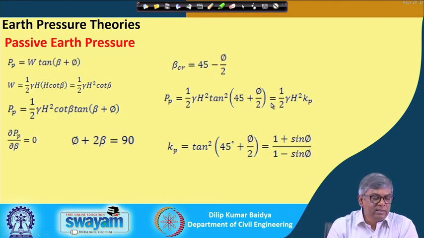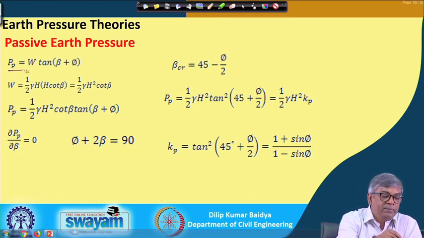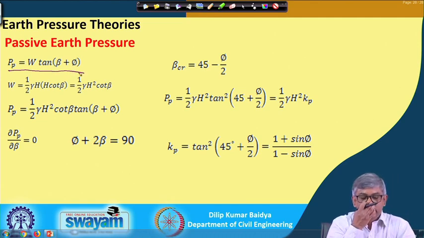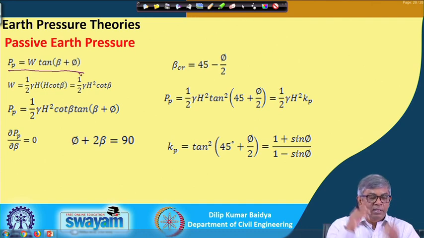This analysis is a little complicated, or maybe not. So, P p from the force polygon can be written in this form: P p equal to W tan beta plus phi.